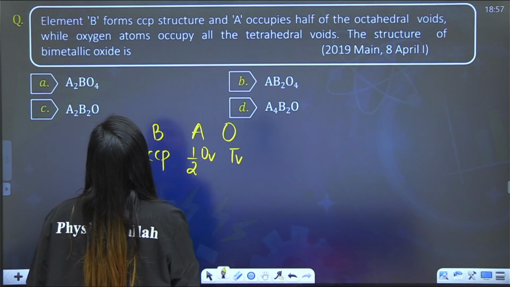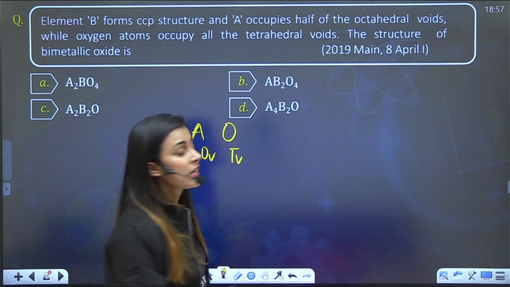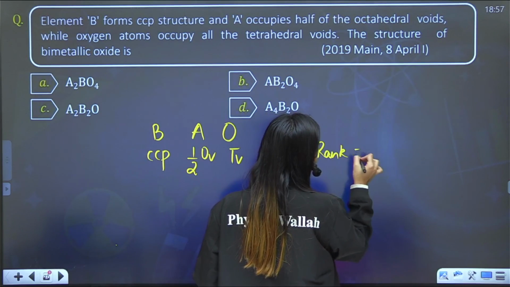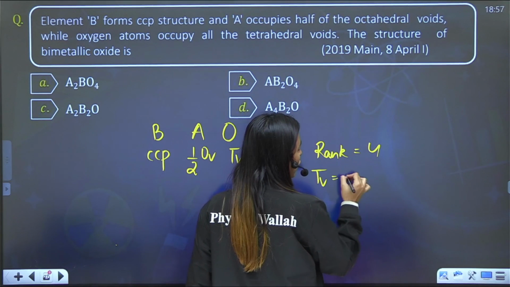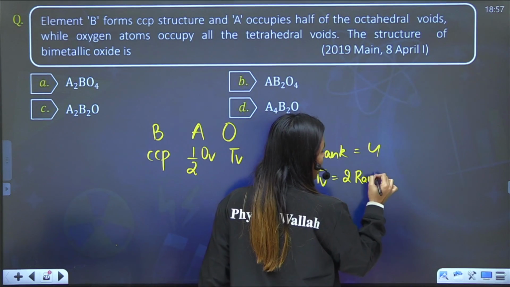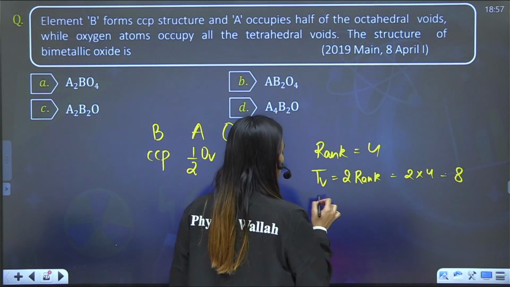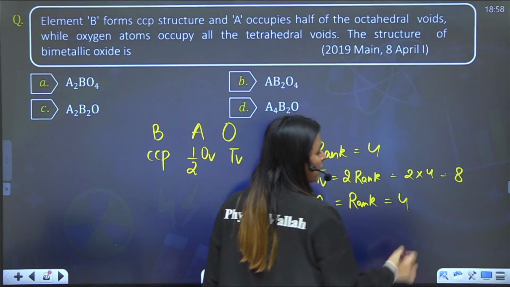Since B forms CCP, I know that rank is equal to 4. If rank is 4, tetrahedral voids would be 2 into rank, that is 2 into 4, which is equal to 8. And octahedral voids is always equal to the rank, so octahedral voids are 4.